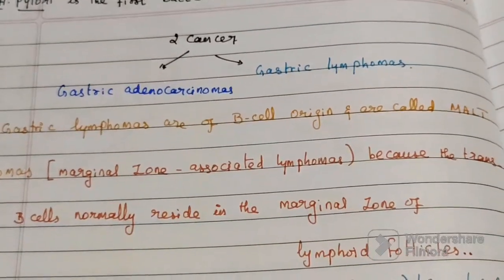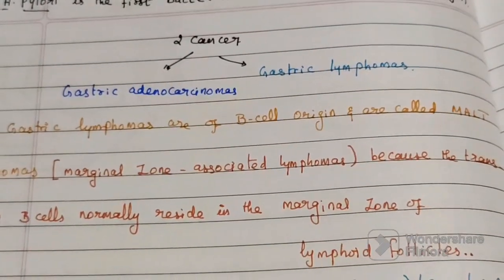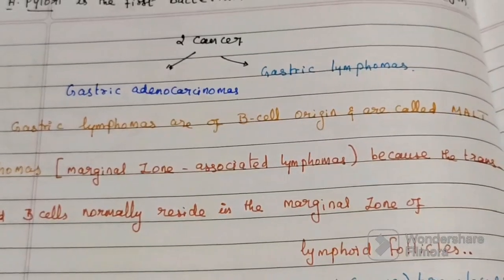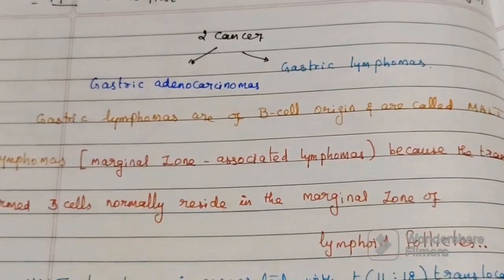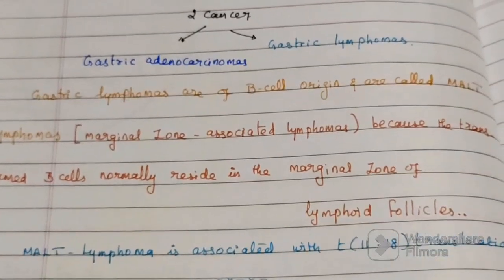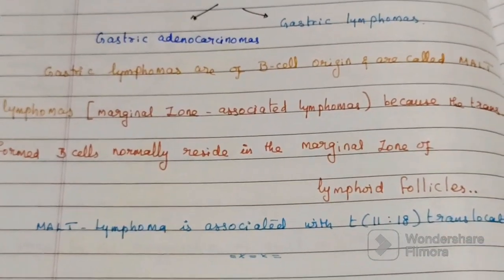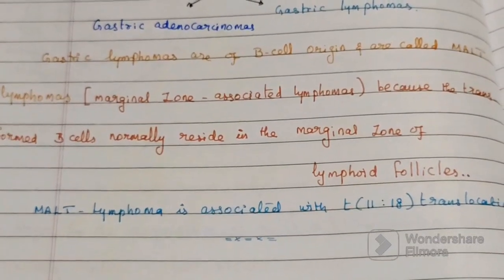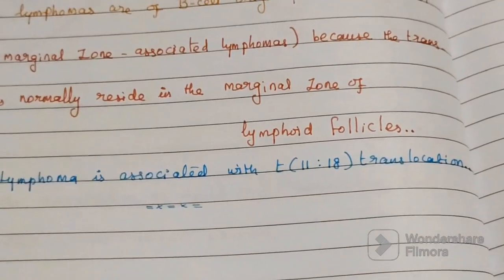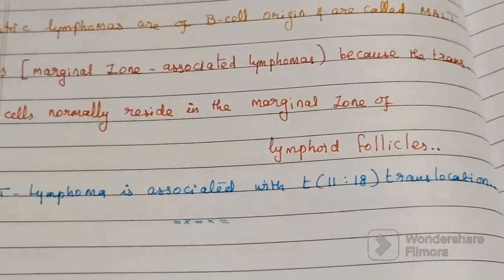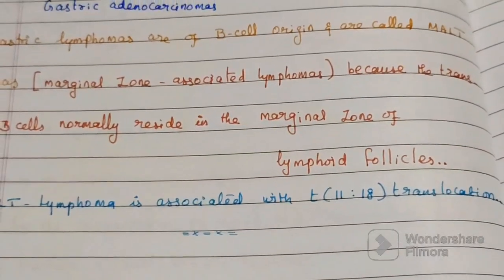The tumor is present in the marginal zone of lymphoid follicles. What is the translocation? The name of the mutation is t(11;18) translocation.